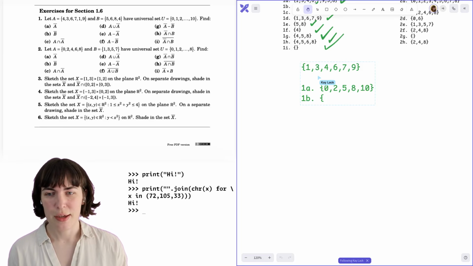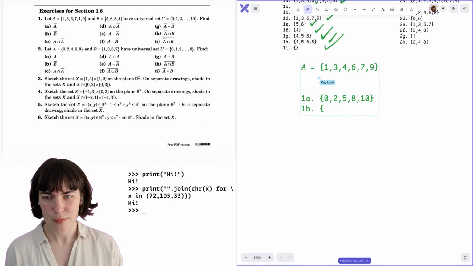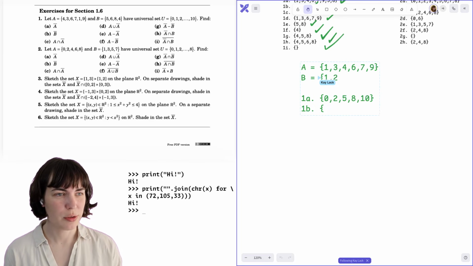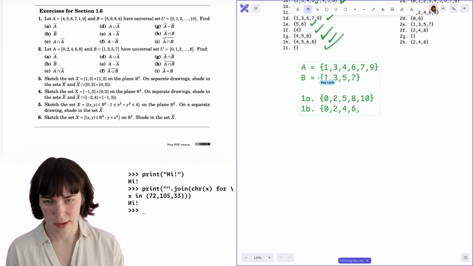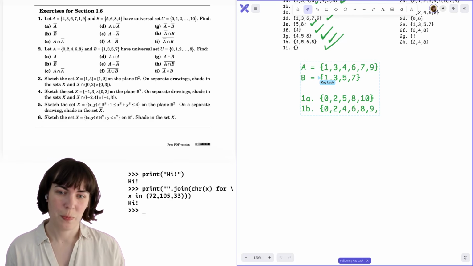B complement will be, okay, let's sort this one out too. 1, 3, 5, 7. That's going to be 0, 2, 4, 6, 8, 9, and 10.